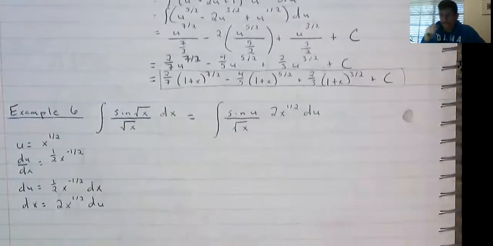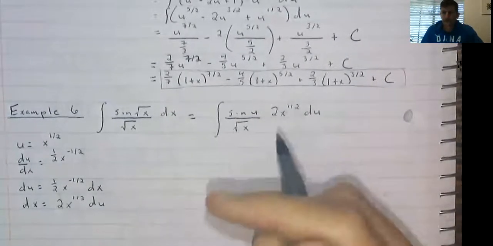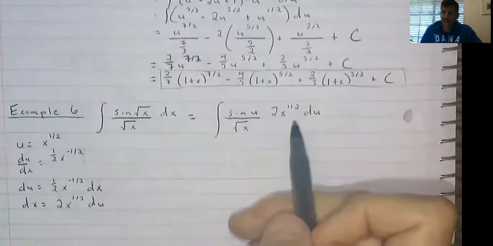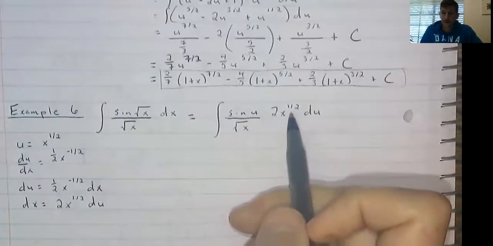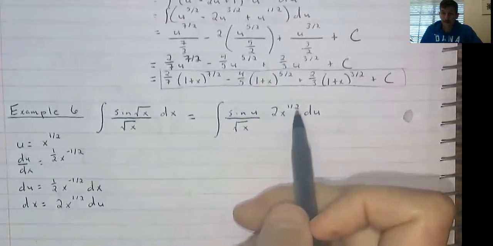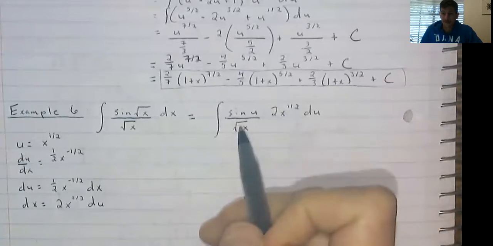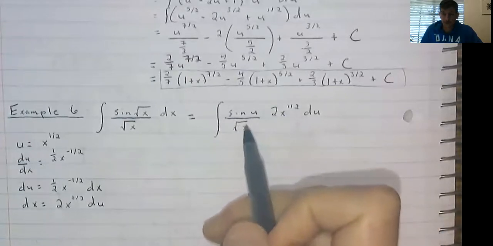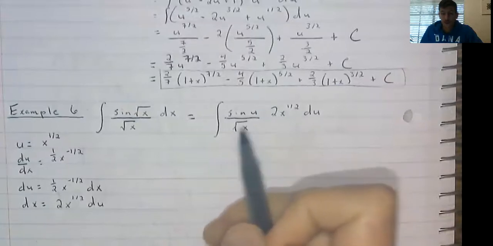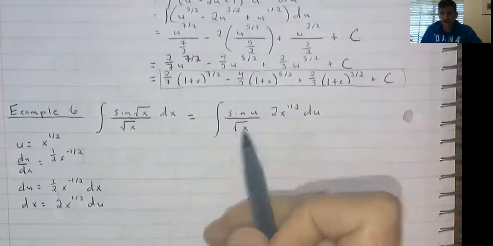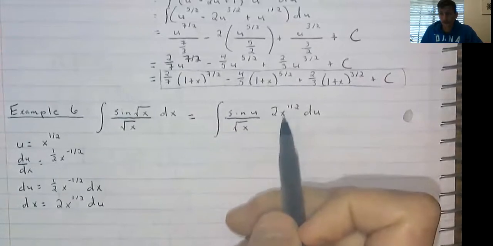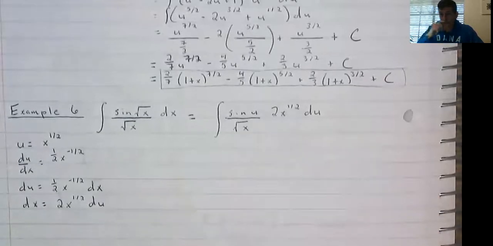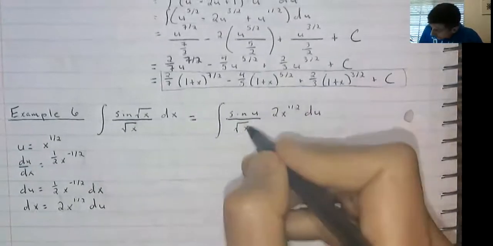You might be thinking, Mr. Smith, that doesn't really look like the magic moment. No, but it is, because remember, x to the 1/2 is the square root of x. Those two cancel. Another way to think about this is if we wrote this one here as x to the negative 1/2, when you multiply x to the negative 1/2 times x to the positive 1/2, what do you get? Well, you get x to the 0 power, which is just 1. So these do indeed cancel out.